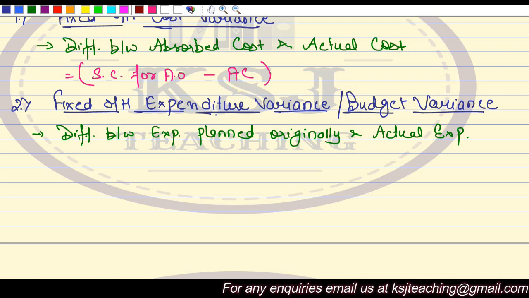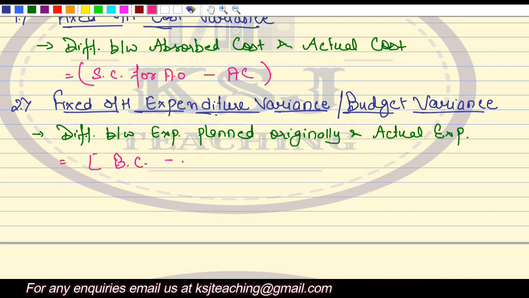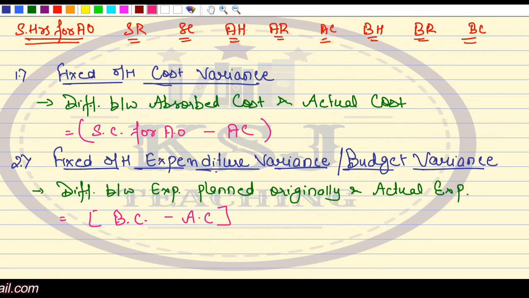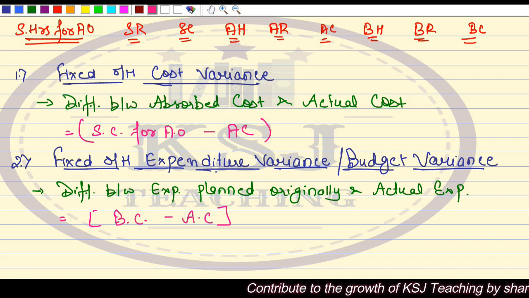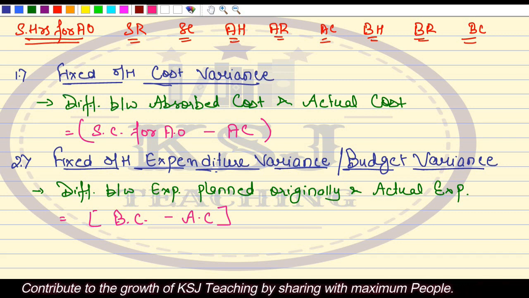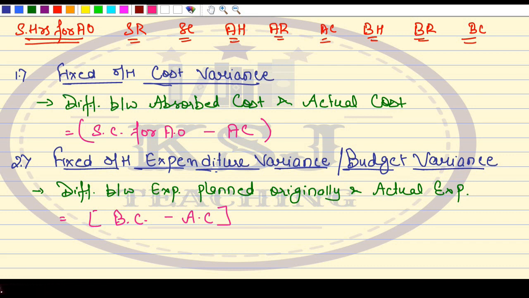So this comes out to budgeted cost minus actual cost, right? This becomes your fixed overhead expenditure variance, or it is also known as fixed overhead budget variance. That is, what is the original expenditure that you planned for and what is the actual expenditure that happened. In the cost variance, we say what is the cost that you have absorbed, the difference with the actual cost, right?